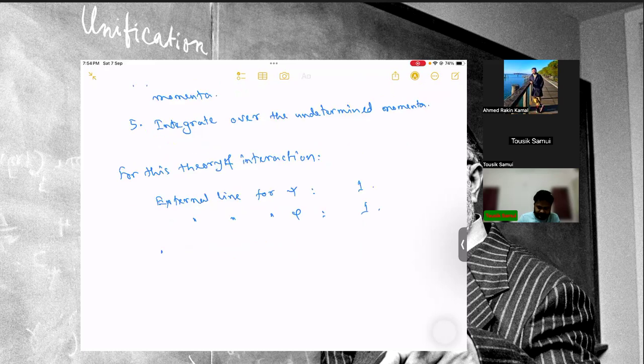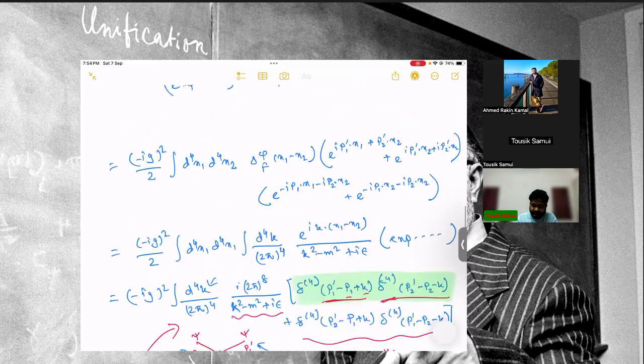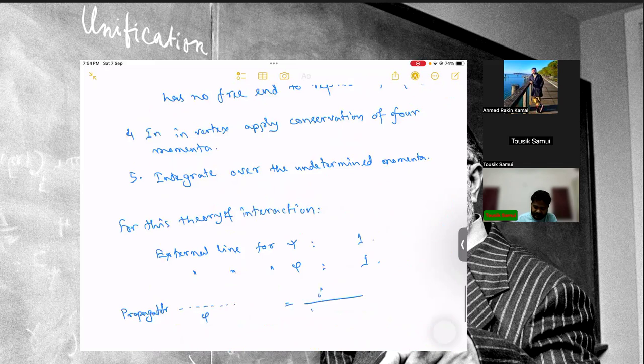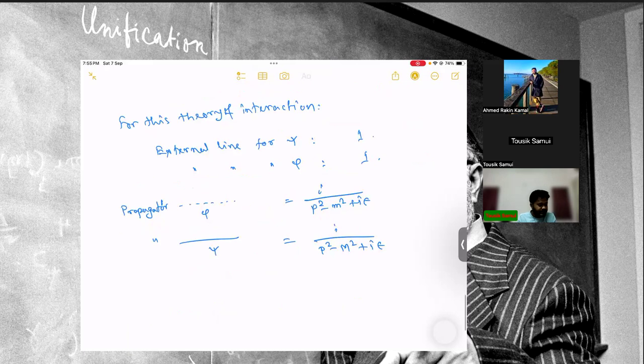For the propagator for phi it is i over p squared minus m squared plus i epsilon, and the propagator for psi is i over p squared minus capital M squared, because the mass of this particle is capital M. And the vertex with psi and phi is in this case minus g.